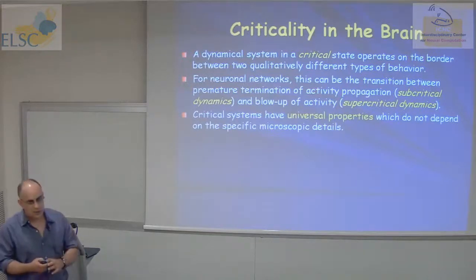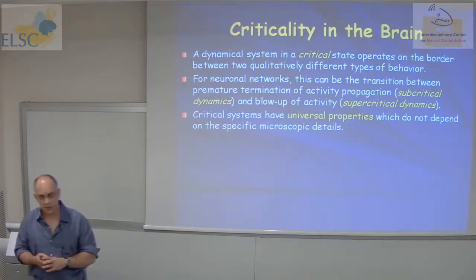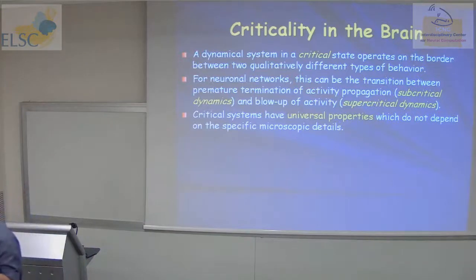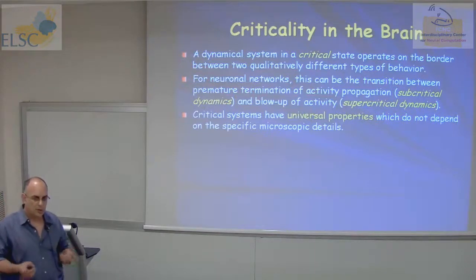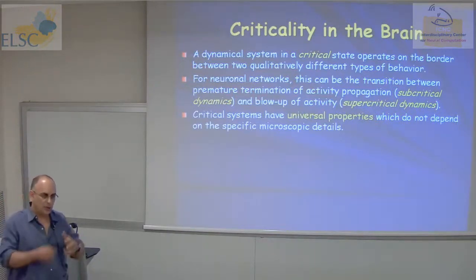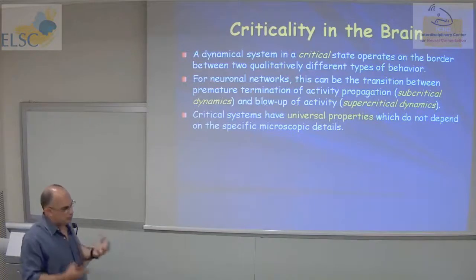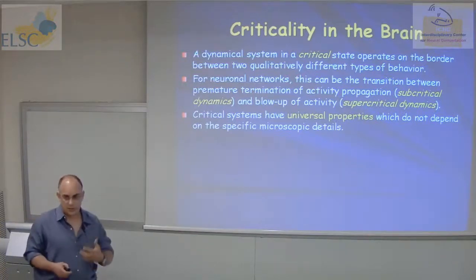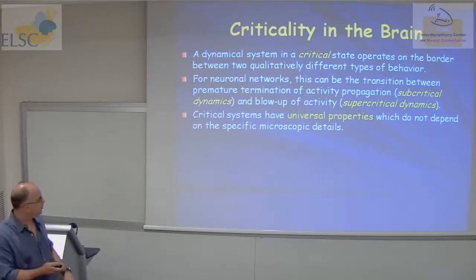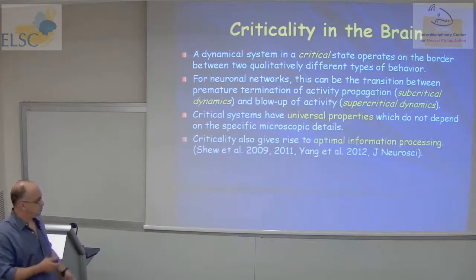In general, critical systems have some universal properties. They have some characteristics that do not depend on the specific microscopic details. They are emergent properties of the system that depend on properties of the interactions and some global properties. So this is nice.